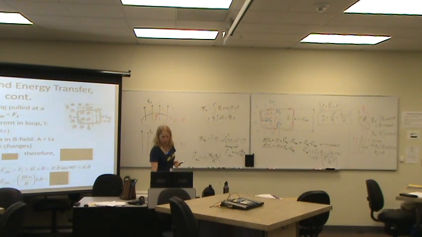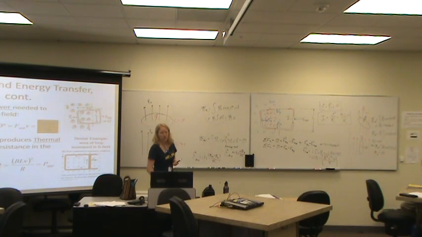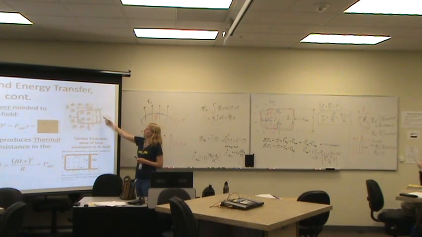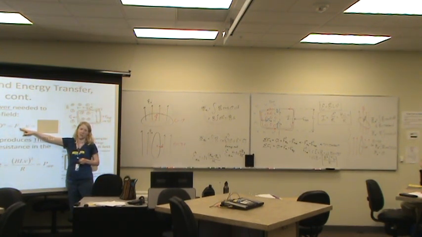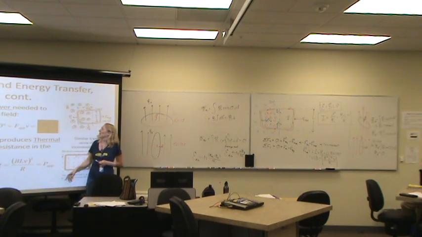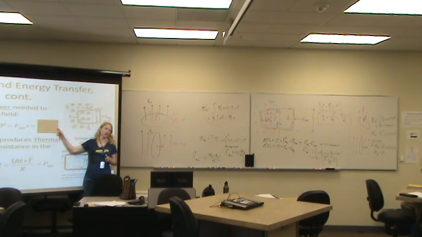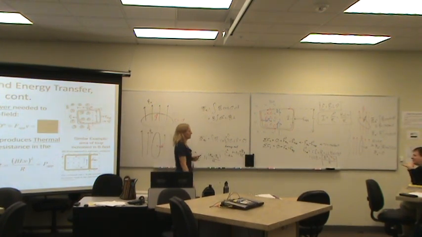And then taking it one step further, we remember about power. Power was force dotted with velocity. If your force is in the same direction as your velocity, then the dot product just becomes a multiplication. So you're just doing the applied force times velocity. And then that makes everything in the numerator squared, divided by the resistance.